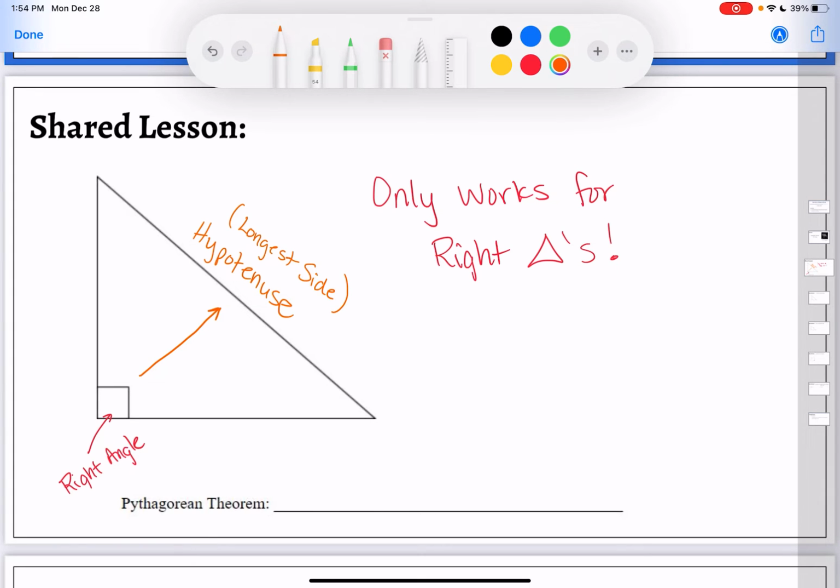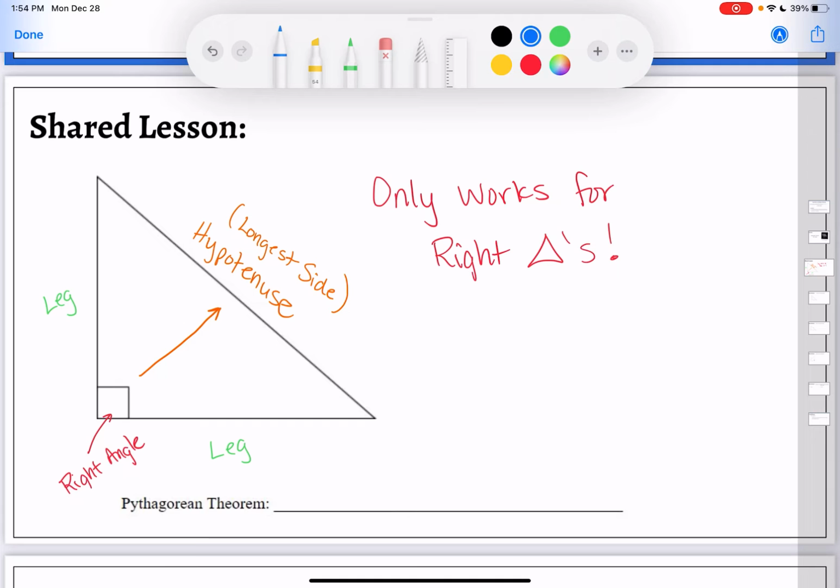And again, you'll get into why that is when you get into geometry, but just so that you know, it's always true of every right triangle, the side across from the right angle is always the longest side, and that side we call the hypotenuse. Now, these other two sides that are not the hypotenuse, those are both called legs. And it doesn't matter, leg 1, leg 2, they're just both legs. And the side across from the right angle is called the hypotenuse.